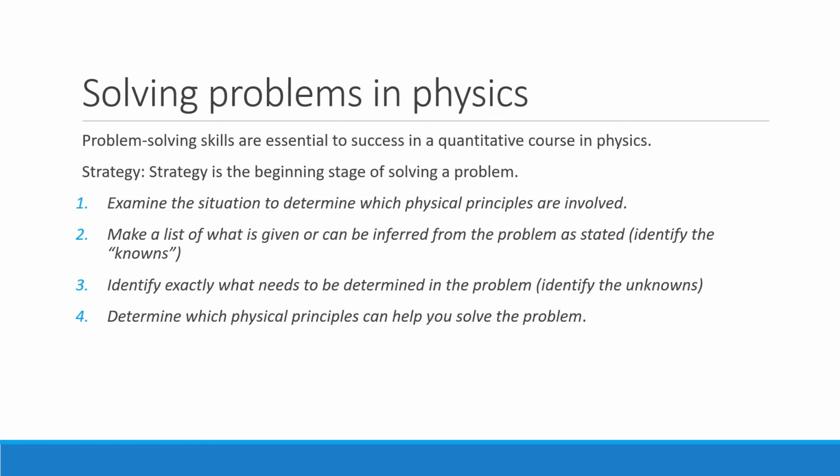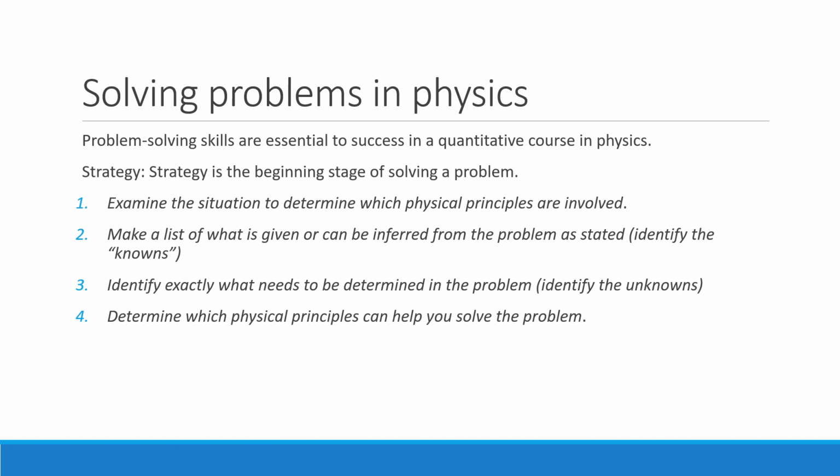Solving problems in physics. Problem-solving skills are essential to success in a quantitative course in physics. Strategy. Strategy is the beginning stage of solving a problem. 1. Examine the situation to determine which physical principles are involved. 2. Make a list of what is given or can be inferred from the problem as stated. Identify the knowns. 3.